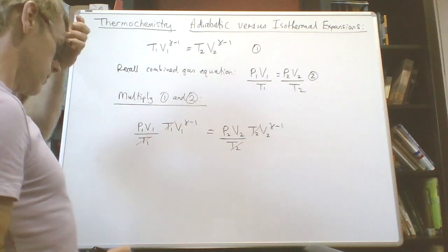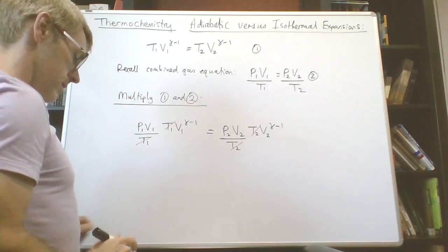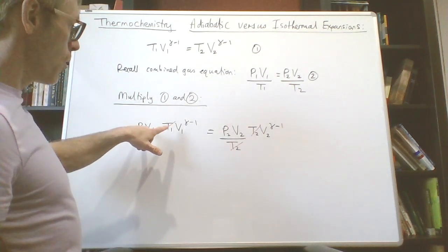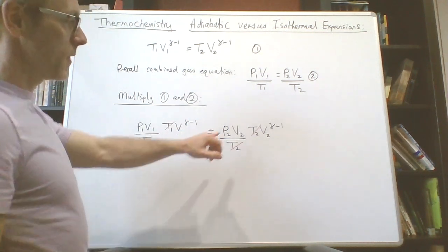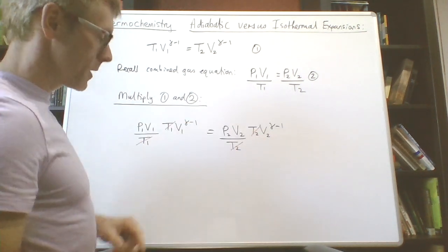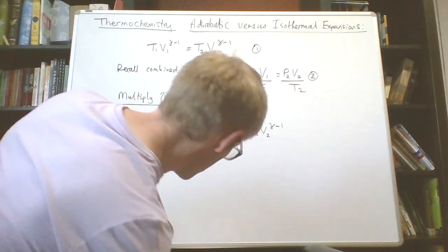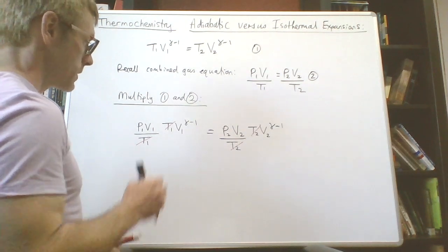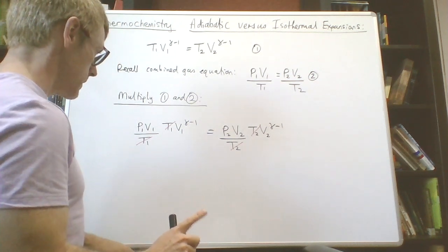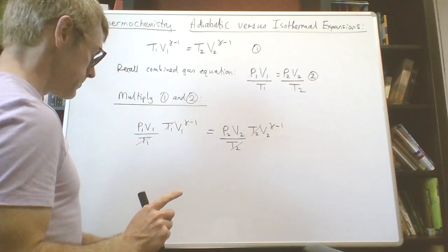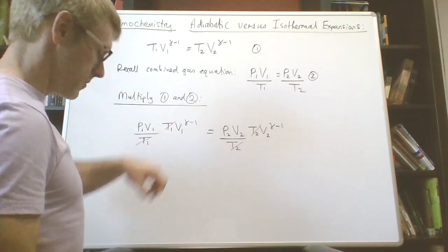And then if we look at how the V's behave, we've got a product of V1, the regular V1, and then V1 with this condition, gamma minus 1. And then likewise on this side, V2 multiplied by V2 with conditions. Let's consider what this actually means. We've got V1 multiplied by V1 to the gamma, and then again to the negative 1.